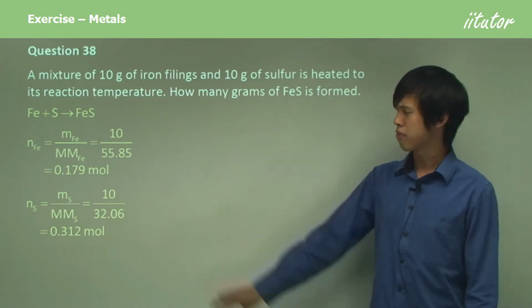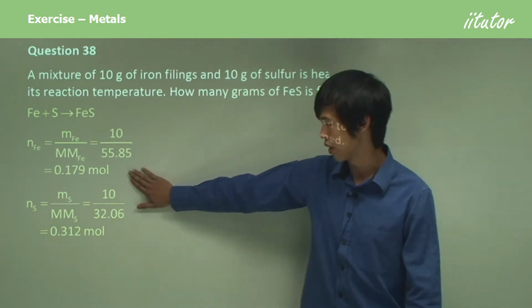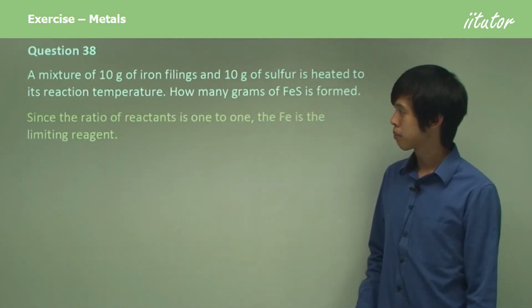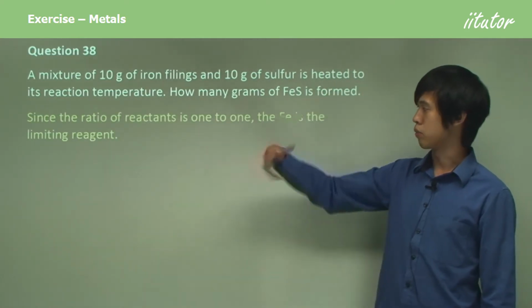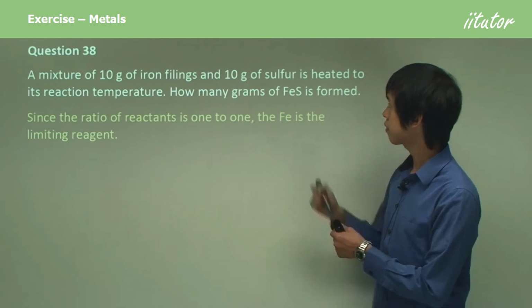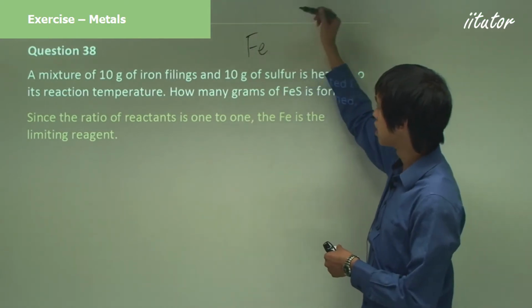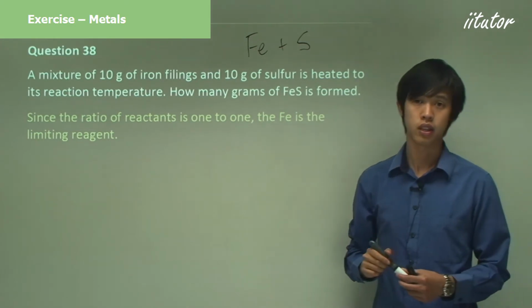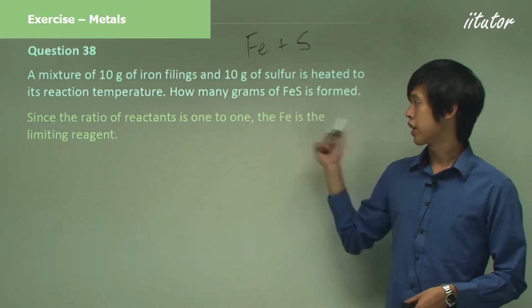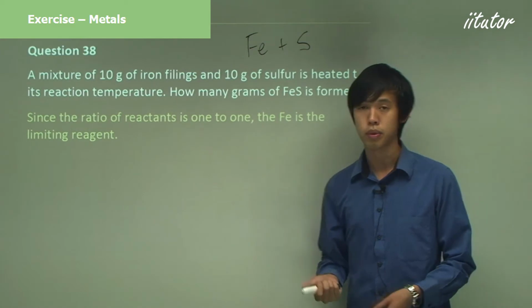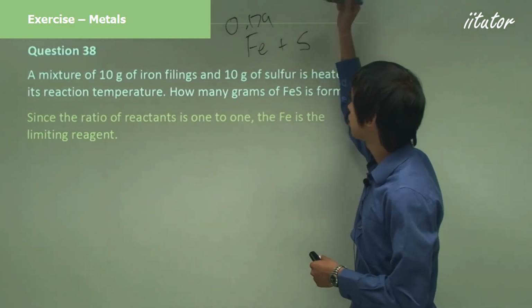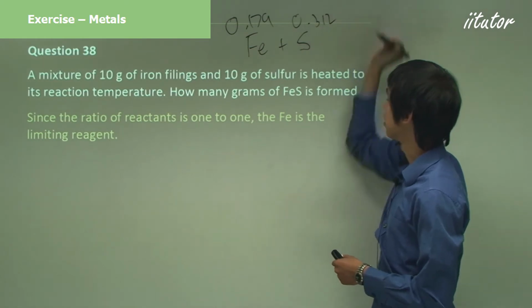Okay, so now we have 0.179 moles and 0.312 moles. But since the ratio of reactants is 1:1, that is, for every 1 mole of iron I need 1 mole of sulfur, and vice versa, the Fe is the limiting reagent, because I only have 0.179 moles, but I have 0.312 moles of sulfur.